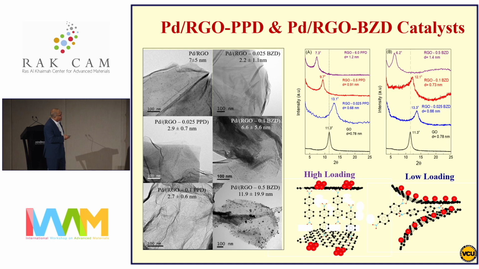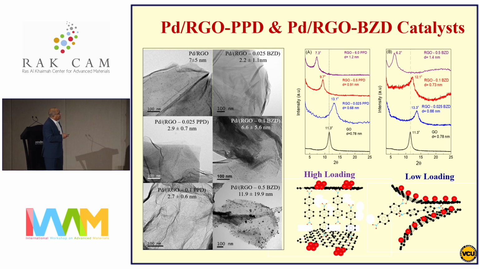This is graphene oxide. The separation is 7.8 angstrom. If you put here 0.025 millimole of paraphenylene diamine, you see that the separation becomes less. It becomes 6.8 angstrom.